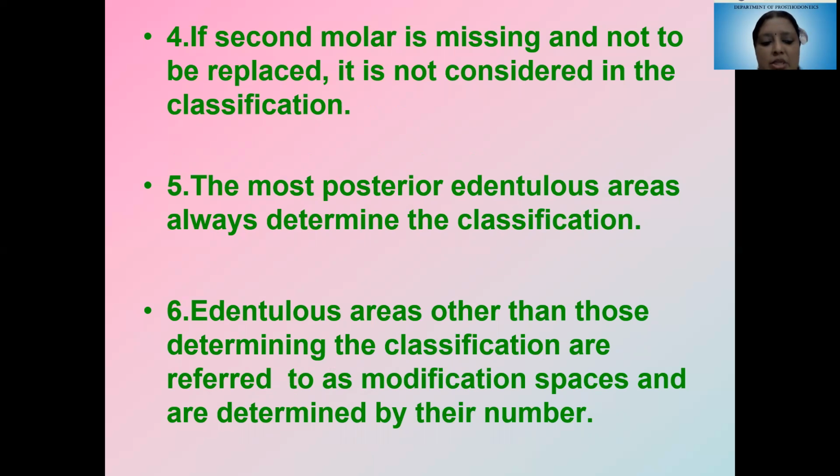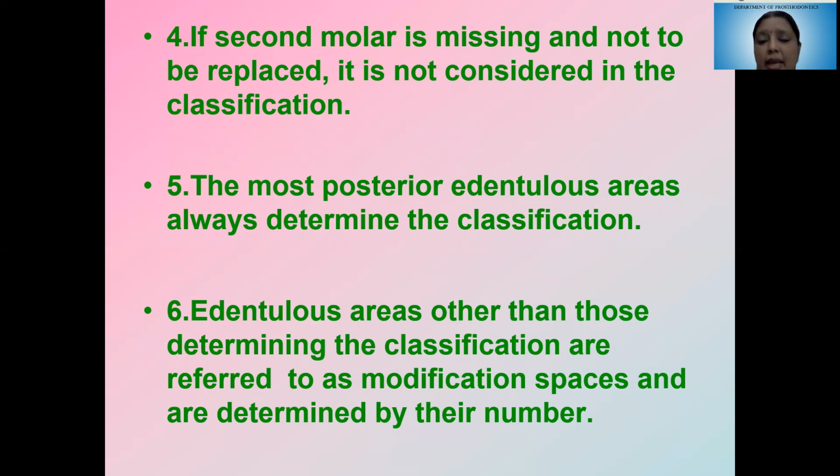Now, if you look at just the 2 central incisors, you will say it's an edentulous area which crosses the midline. It is anterior. So you will think of giving it as Kennedy's class 4, but that is not how it should be done. The most posterior area should determine the classification. When you look at the posterior area, 1 molar is missing, teeth are present anteriorly and posterior to it. So it would be Kennedy's class 3.